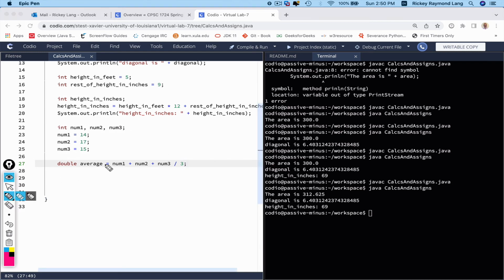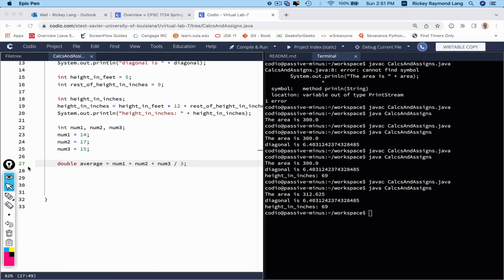The order of operations here is the multiplication is going to happen first, then these two additions will happen in this order. So the first thing that happens is we're going to divide only num3 by 3. And then we're going to add the other two numbers. Well, that's not right. I have to add all three of these before I divide.